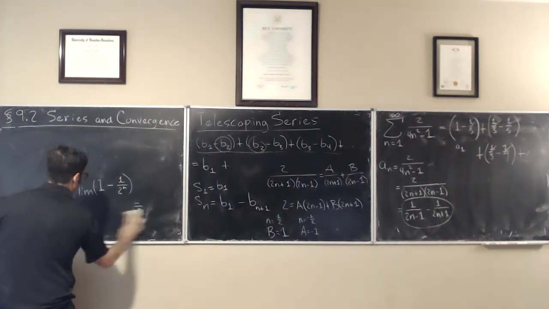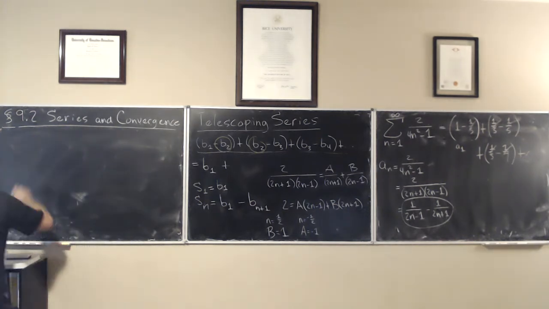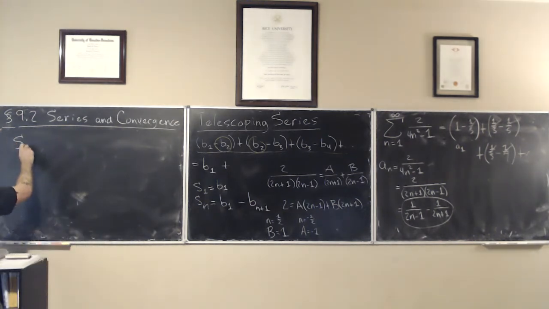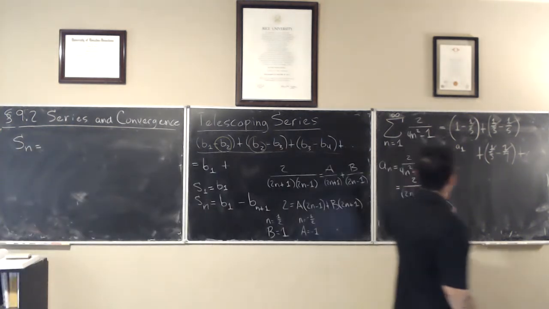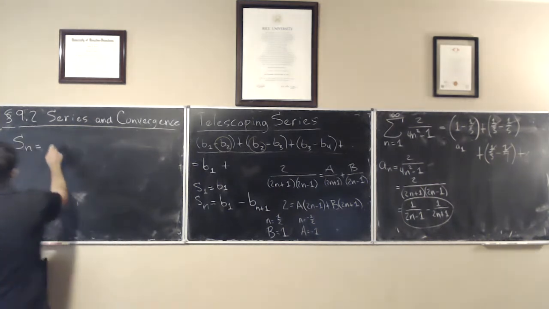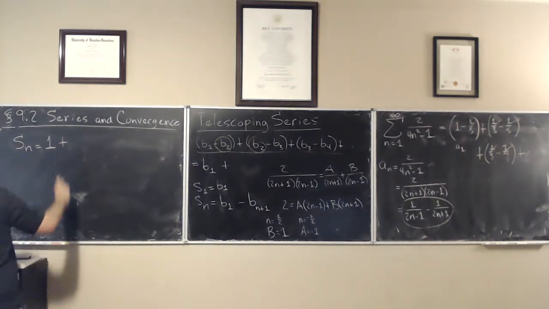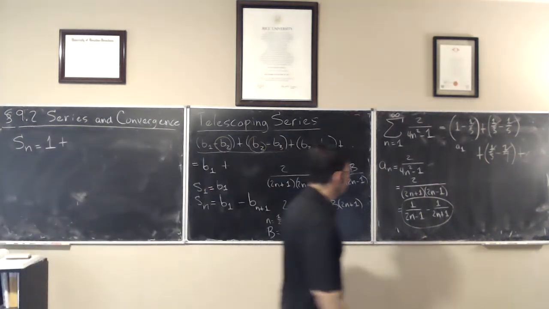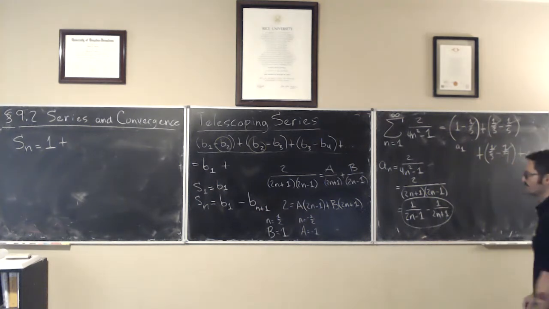So what is the partial sum? There's for sure going to be a 1 plus, what's going to be the last thing?